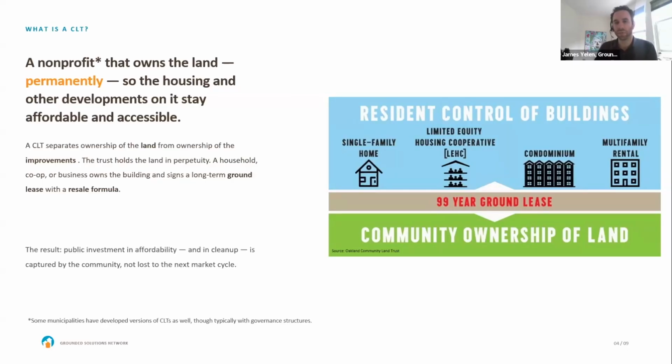You're going to hear examples from folks on this call that are doing a really wide range of land development. But the key thing here is just that perpetual affordability, perpetual community benefit, locked in through a 99-year ground lease and a resale formula that makes sure that if something is sold, it stays at an affordable rate, whatever that land use might be.